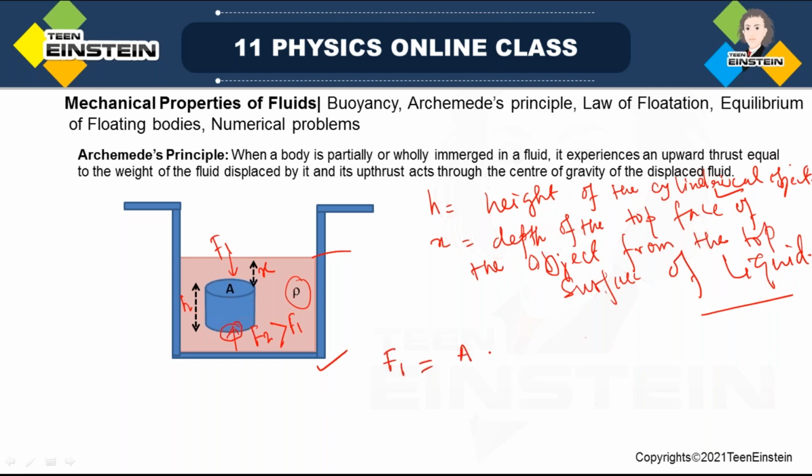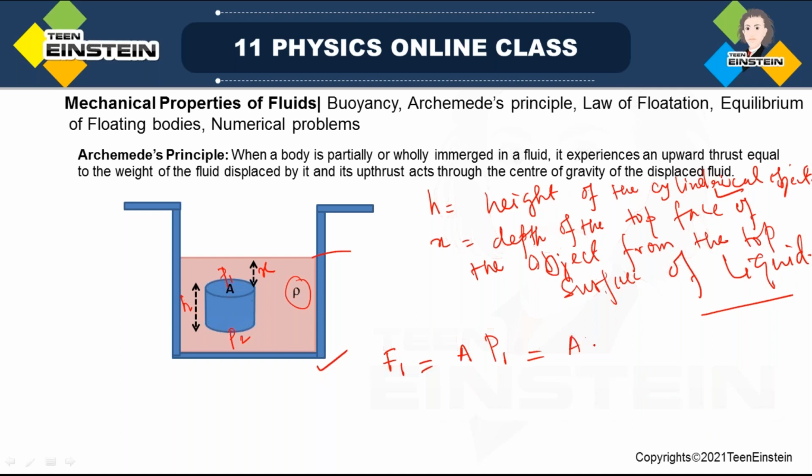F1 means A into P1, if the pressure on the top surface is P1. Here is P1 pressure, here is P2 pressure, so I can find out the upthrust like this. What is P1?